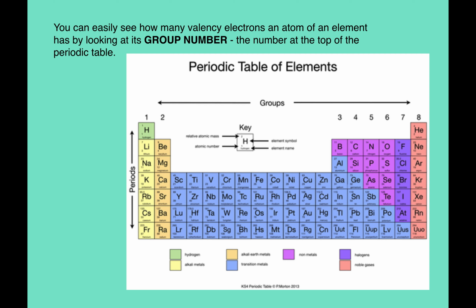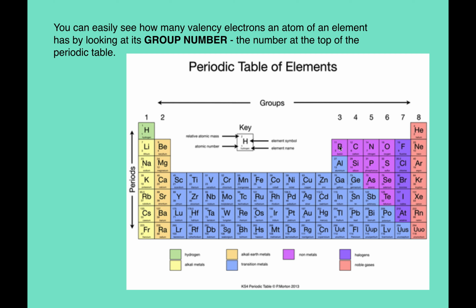Right, it's very easy to see how many valency electrons an atom has by looking at the group number. So these are the group numbers. Forget about the transition elements for the time being. The group numbers are 1, 2, so hydrogen heads this group number, but technically the metals are in group 1, lithium, sodium, potassium. 2, beryllium, magnesium, calcium.